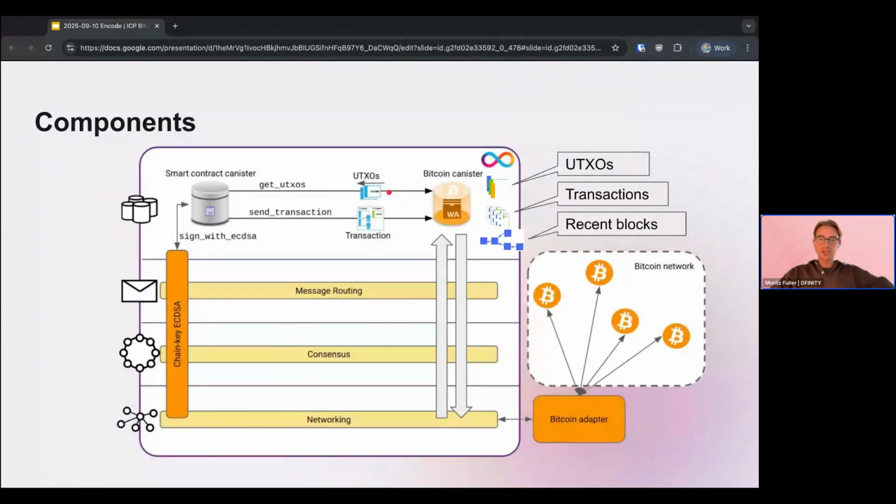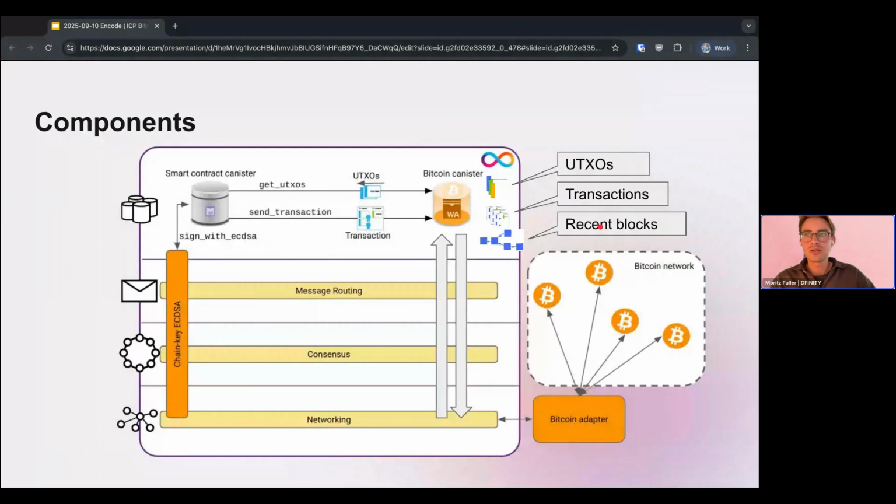It's basically just a regular canister, a regular smart contract that is controlled by the NNS. We unfortunately don't have time to talk about that, but maybe another time. And this Bitcoin canister holds, as I mentioned, the on-chain Bitcoin related state, and that is the full UTXO set, as we can see here, outgoing transactions, and the most recent Bitcoin blocks that allow for fork resolution.